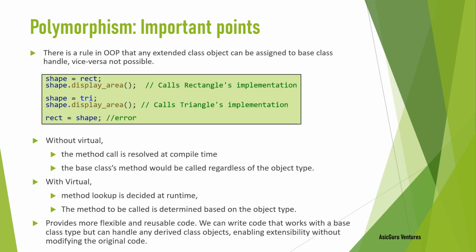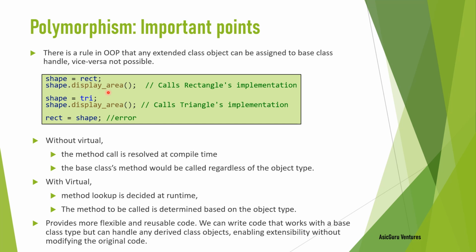So here we have some important points about polymorphism in SystemVerilog. Firstly, in object-oriented programming, you can assign a derived class object to a base class handle, but the reverse is not allowed. So as shown in the code snippet, shape equals rectangle is valid because we are assigning a derived class object to a base class handle.